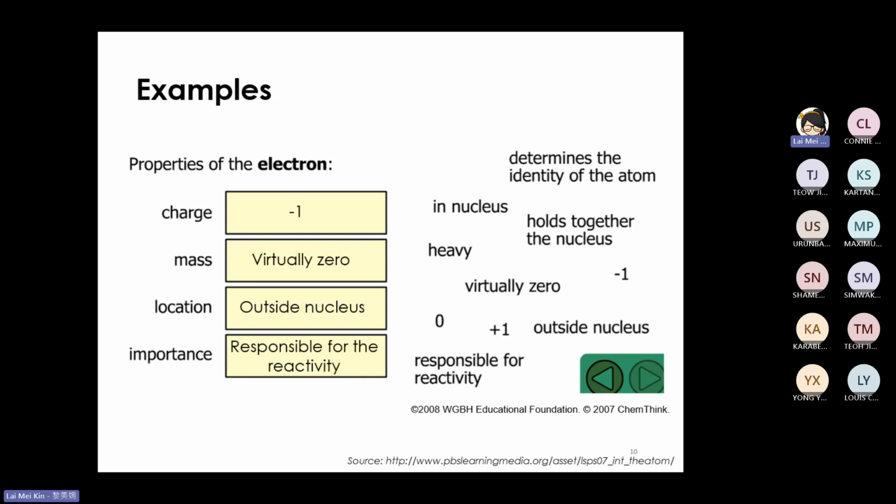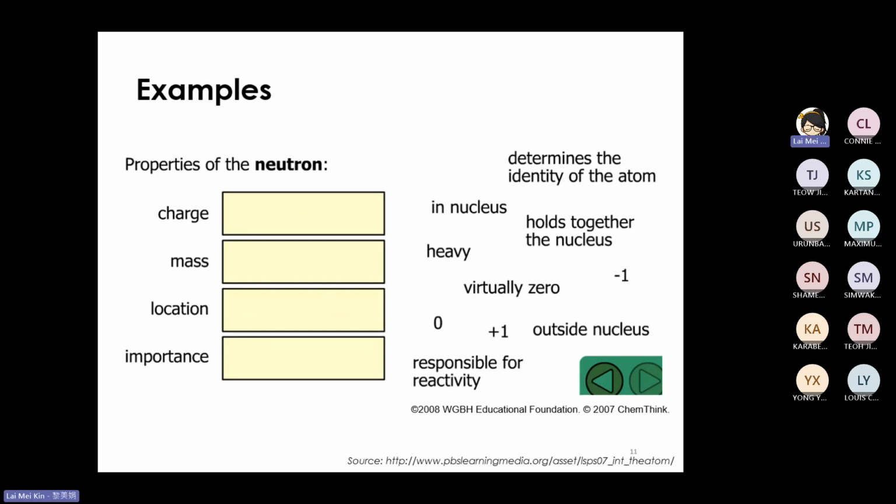The valence electron is the one that determines what reaction is going to happen, whether it is covalent or ionic. And lastly, neutron. Neutron does not have a charge, it is 0. But there is a significant mass of neutrons, so we consider it heavy. If you remember, nucleon number is the number of protons plus the number of neutrons.